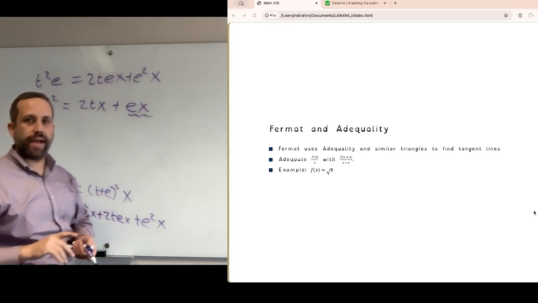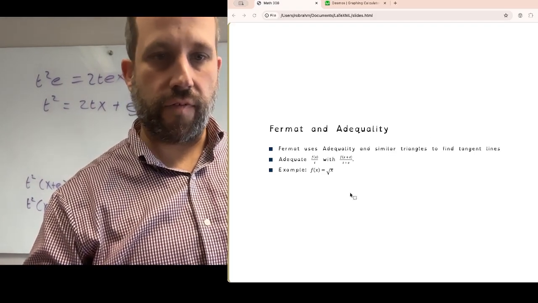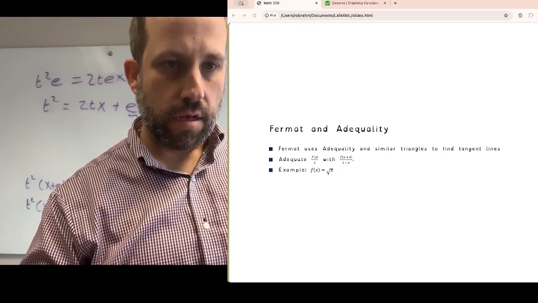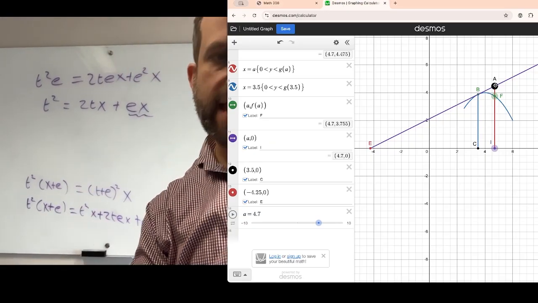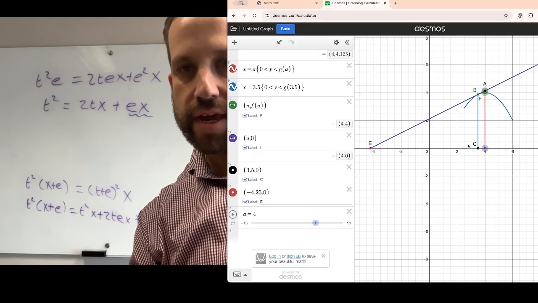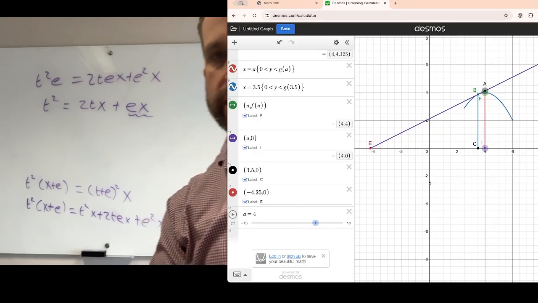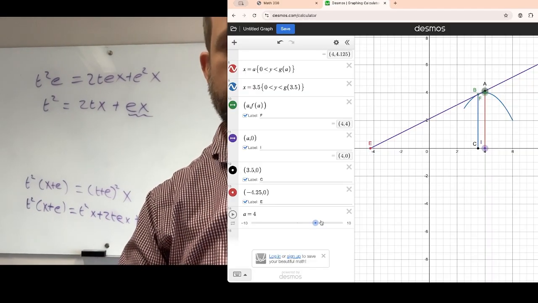But then again, remember the whole idea is that e is going to get closer and closer to 0. Like if we go back to the image here, if I can find it. Okay, as a gets closer and closer to f, remember e is this distance here, so e is going to 0.